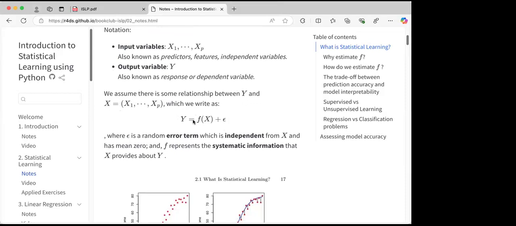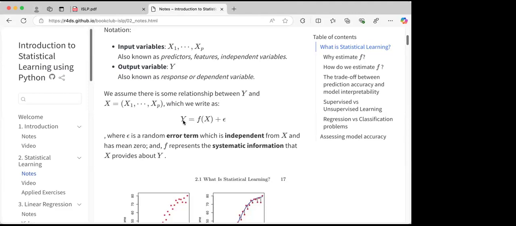Here, what we are most interested in statistical learning is to estimate f. How to estimate f, basically the whole book will revolve around the statistical learning techniques that we could use to estimate f, which will map the relationship between x and y.